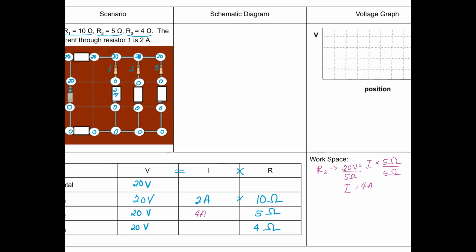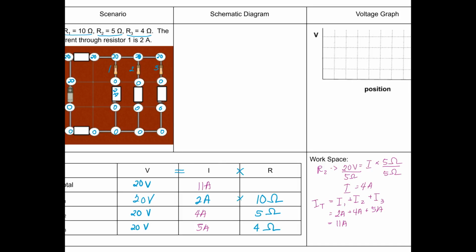Then something times 4 is going to be 5 amps. And then I total is going to be your current for 1 plus the current for 2, plus 3, so you have 3 branches and you're going to add all that up. So you have 2A plus 4A plus 5A, which is 4 plus 2 is 6, plus 5 is 11. So this is going to be 11A.